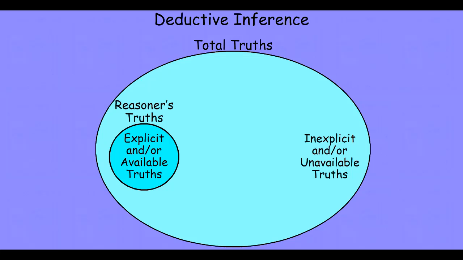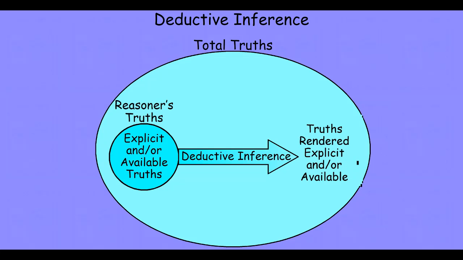There are other things that are inexplicit and/or unavailable to them, things that have to be true given what they know, but they don't see or have access to being true. Deductive inferences, then, are information transformations that take that explicit and available information that has to be true for the reasoner and transform it to render that formerly inexplicit and unavailable truth explicit and available.